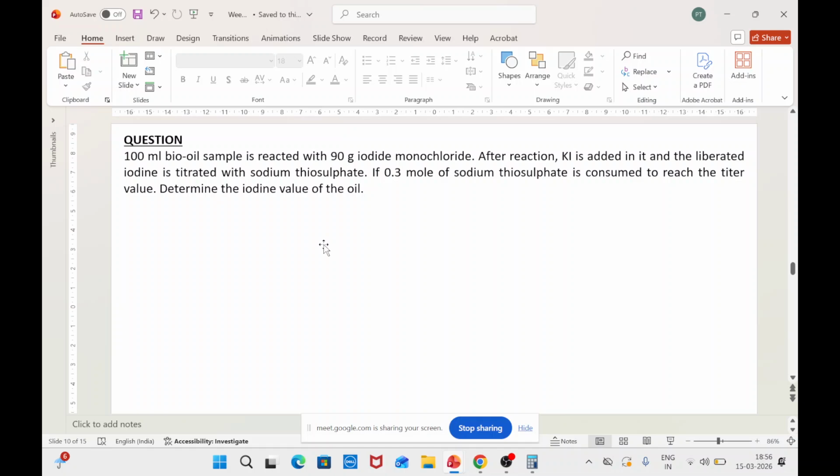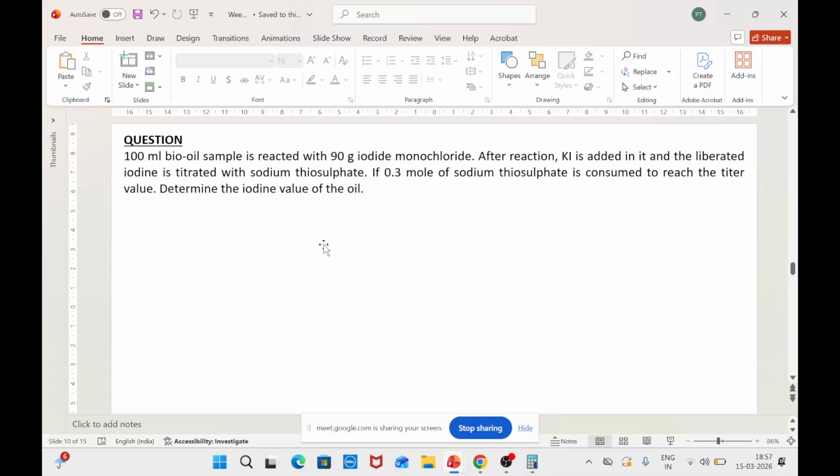100 ml bio oil sample is reacted with 90 grams of iodine monochloride, ICl. After reaction, KI is added and liberated iodine is titrated with sodium thiosulfate. If 0.3 mole of sodium thiosulfate is consumed to reach the titer value, determine the iodine value of the bio oil. I hope all of you remember the concept of iodine value.